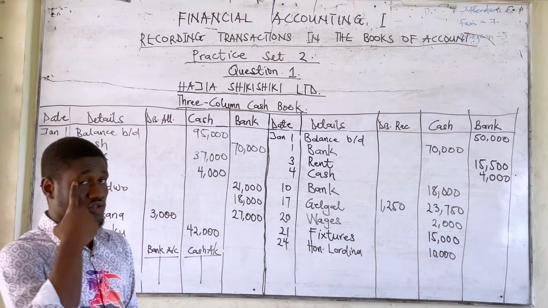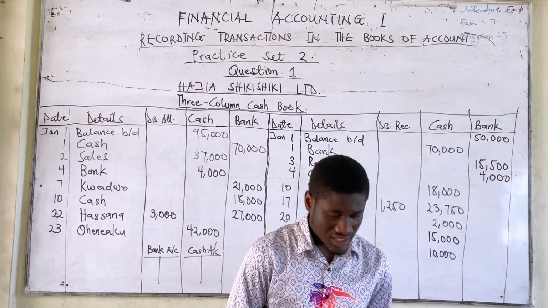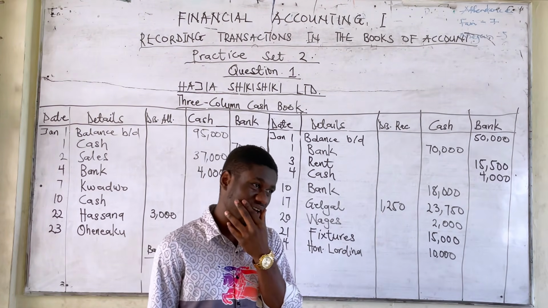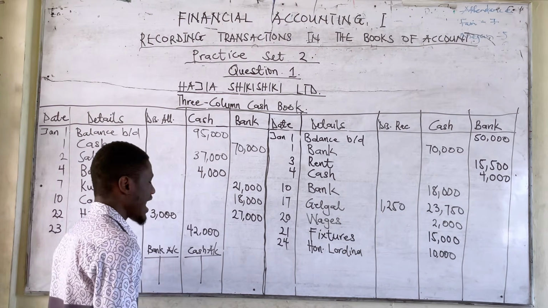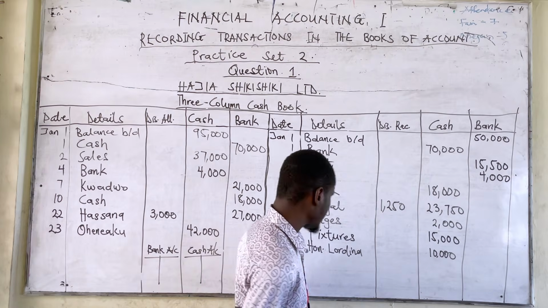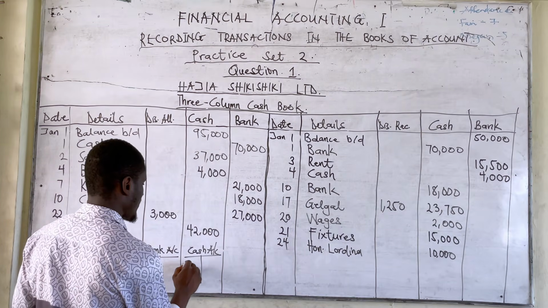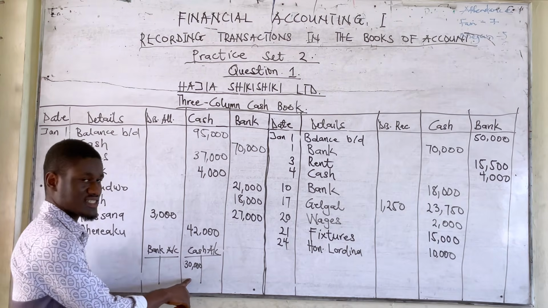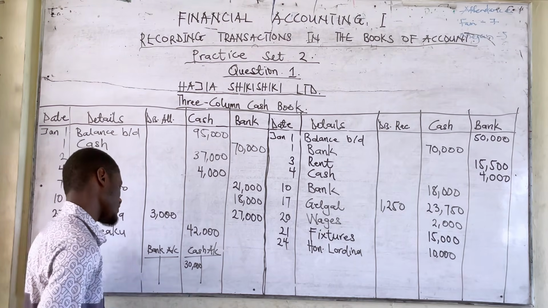Now it says we withdrew cash, that means it's from the bank. So our cash is going to increase by 30,000. So increase in cash, we are going to debit the cash.